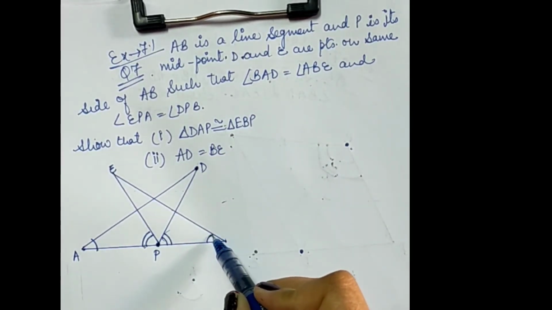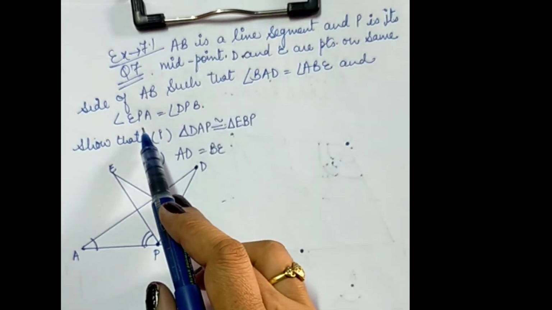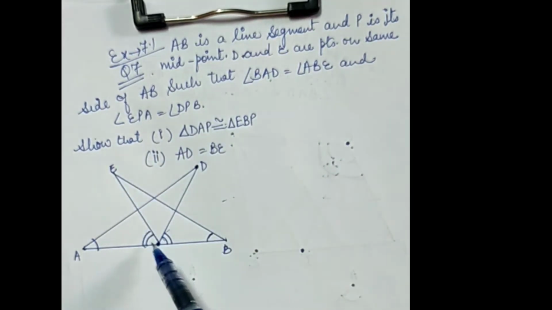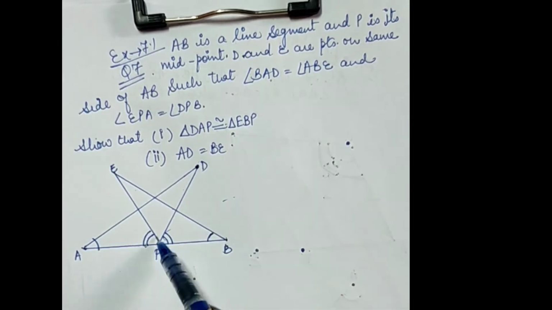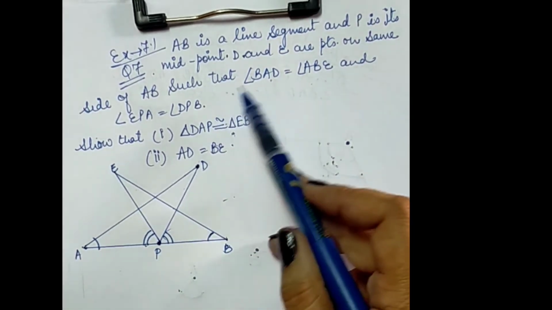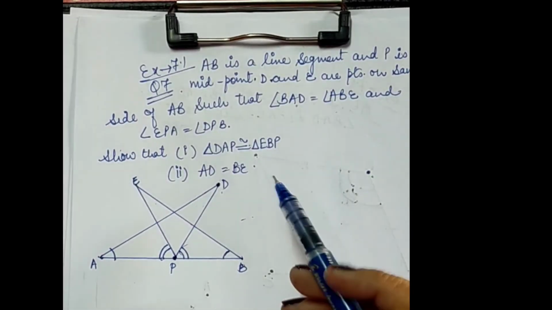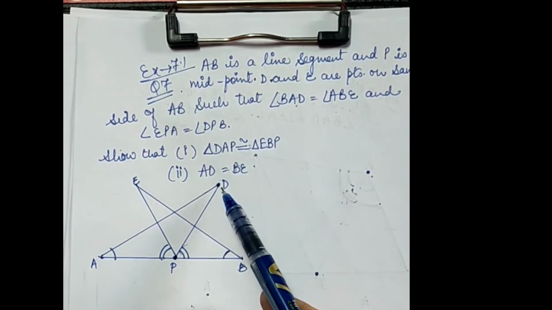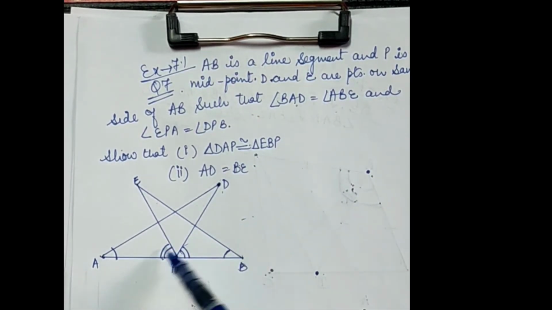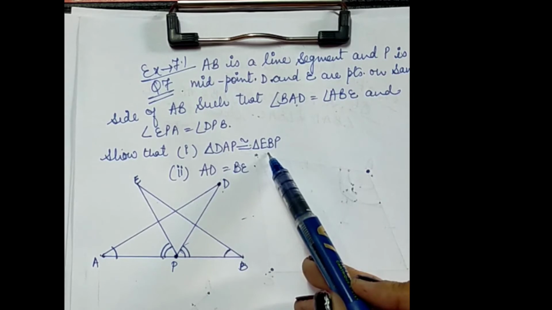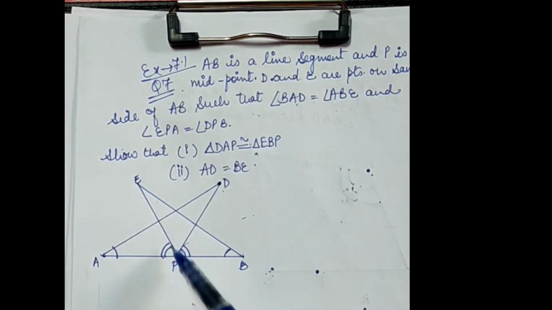These are given to be equal, and EPA is equal to DPB. So two types of angles have been given. We are supposed to prove that this triangle DAP is congruent to this triangle EBP.